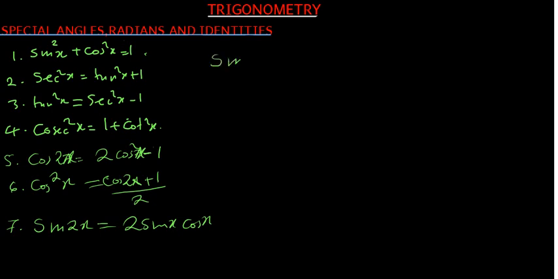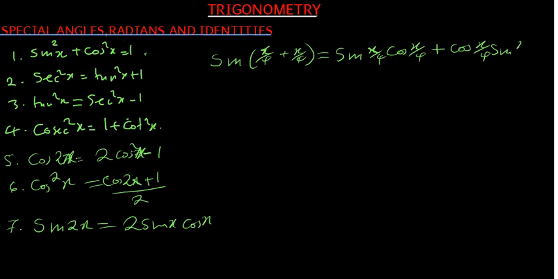So if we are talking about sine of x over 4 plus x over 4, this is going to give us, we get the first number first. We first get sine, the first angle, which is x over 4, and then we change to cosine, we get the first angle, which is x over 4. For sine, we don't change anything, we just get the same sign. And then we start with cos, we get the first angle, which is x over 4, and then sine, the second angle, which is still x over 4.